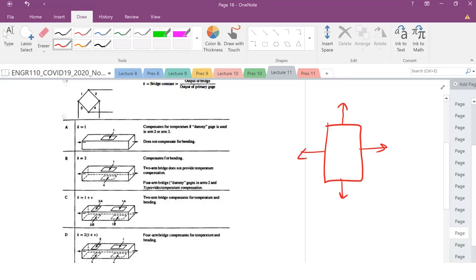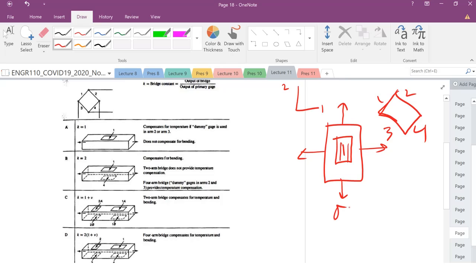So biaxial stress state. That is going to get a little bit more complicated, right? If I have a strain gauge like this, here's my coordinate system, 1, 2. So again, I'm going to say this is 1, 2, 3, 4. So what is happening to the wires here?